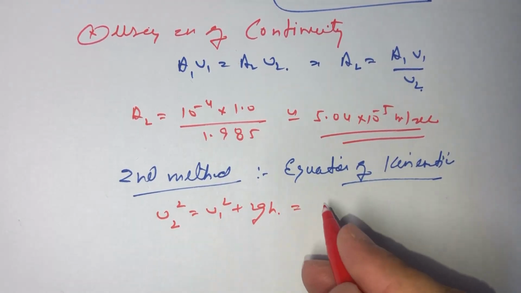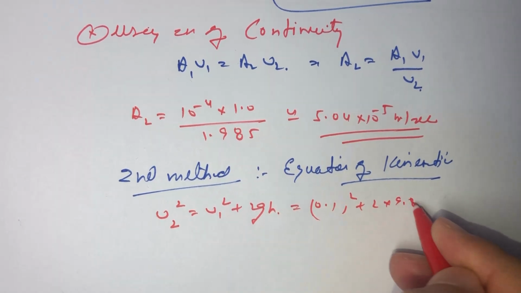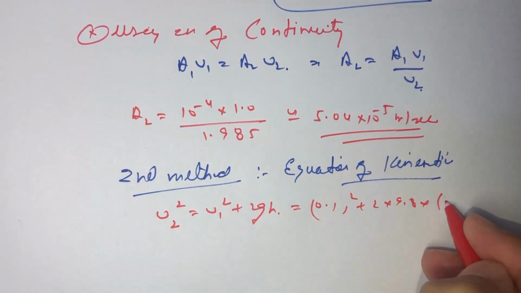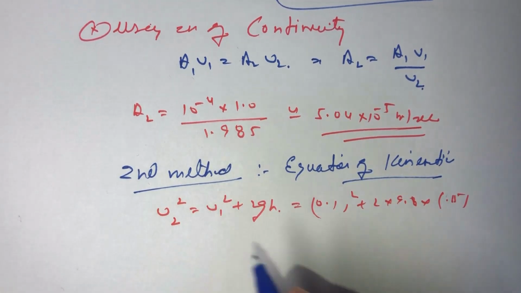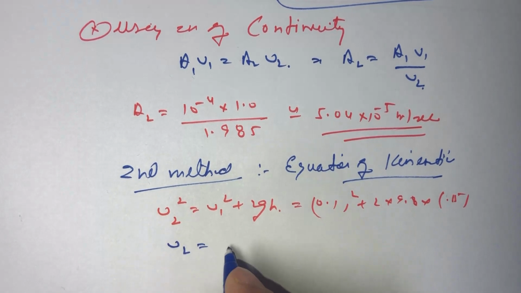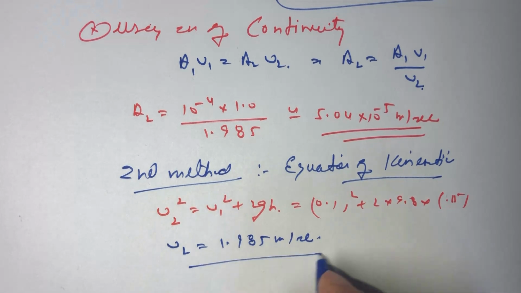Once again we substitute the value. This is 1 whole square plus 2 into 9.8, and height is given as 0.15. So once again we are going to get same answer. V2 will be equal to 1.985 meter per second.